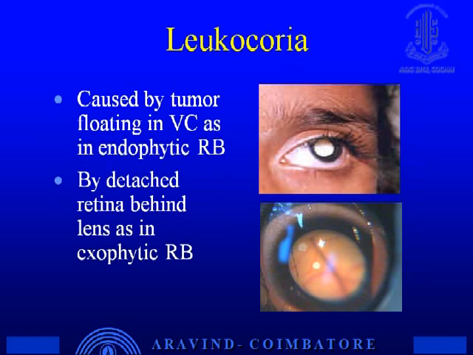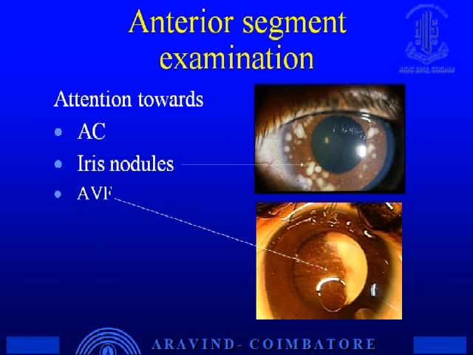Here the leukocoria is caused by the tumor floating in the vitreous cavity as in endophytic retinoblastoma, or by a detached retina behind the lens as in exophytic. Also, one's attention should be drawn towards the anterior chamber. Also look for iris nodules and also the anterior vitreous face.